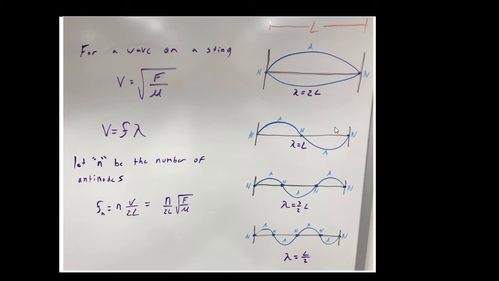And if that seems a little confusing, this next example is a little more obvious because we have one full wavelength. It should be pretty apparent. We have a wavelength right here, and our wavelength is going to be length L. And so if we look at how many nodes and antinodes we have, well, in our first example we have 2 nodes from where it's held, and just one antinode.